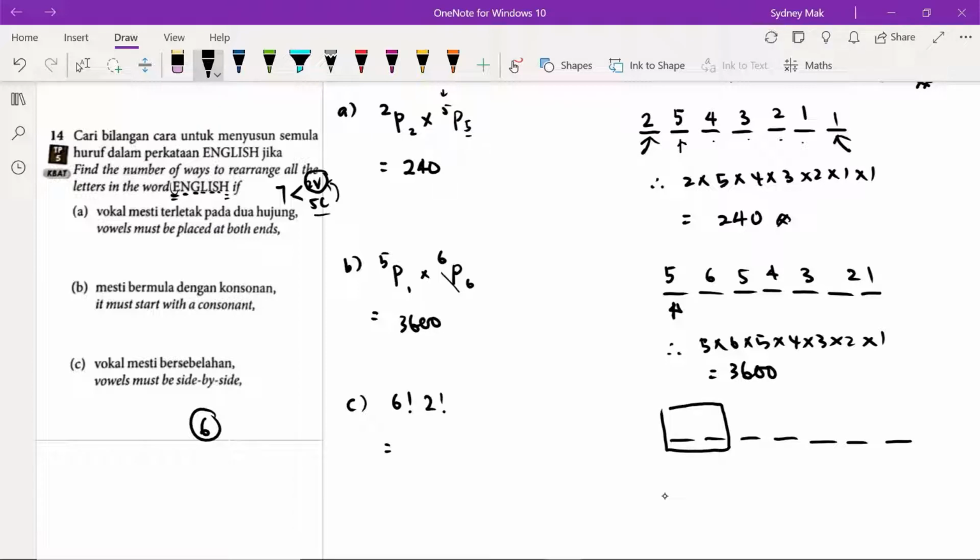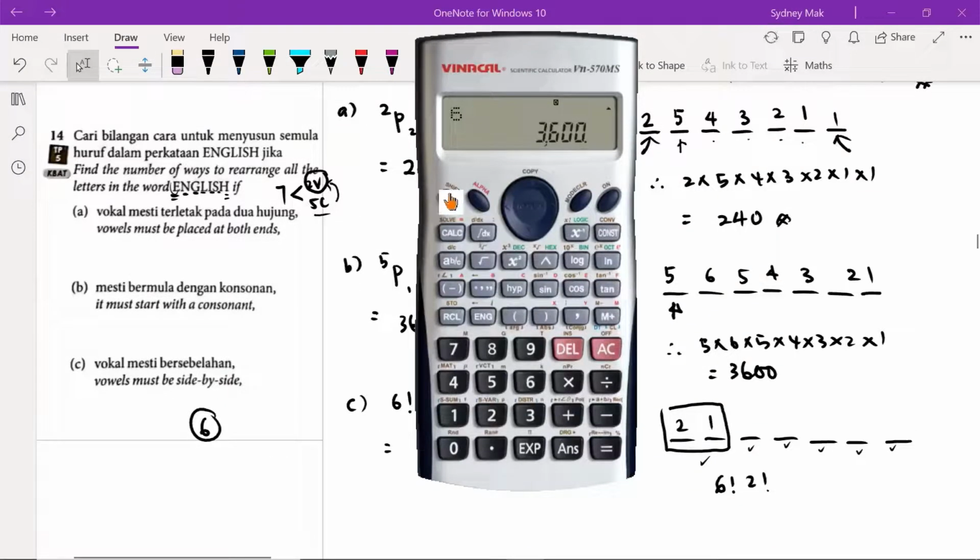For the vowels, there are 2 times 1 ways to arrange among themselves, and externally we have 6 items, 1, 2, 3, 4, 5, 6 items. Therefore, do outside followed by permute inside. So it's the same as this. Let's count the value: 6 factorial times 2 factorial.